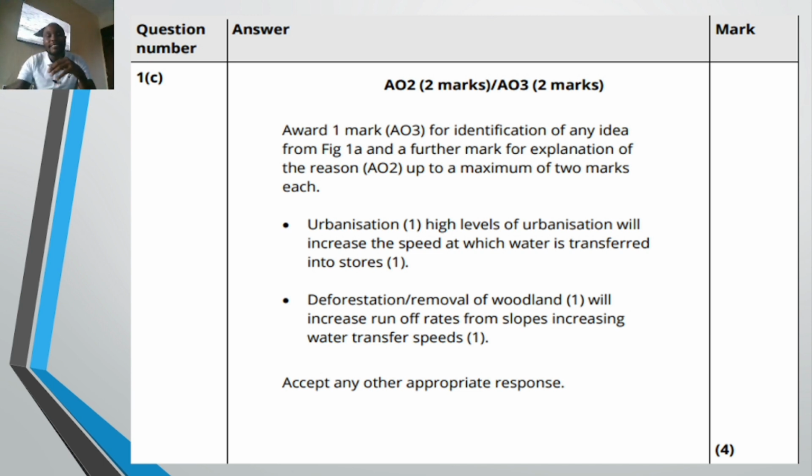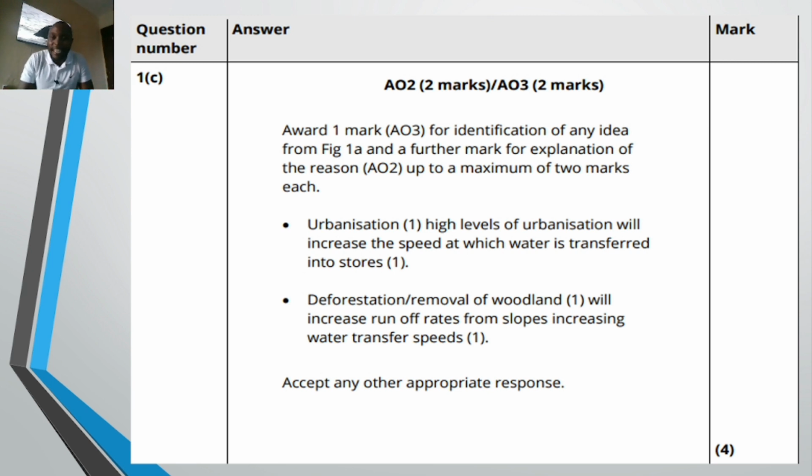Now another mark is coming after you've explained the whole of that thing. All right, now let's talk about urbanization. So you see that high levels of urbanization, remember urbanization is increased population that results in built-up areas, cities, you understand? So they'll have surfaces that can't allow water through.